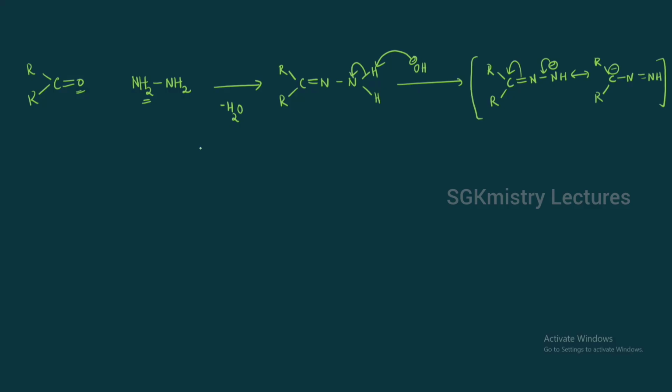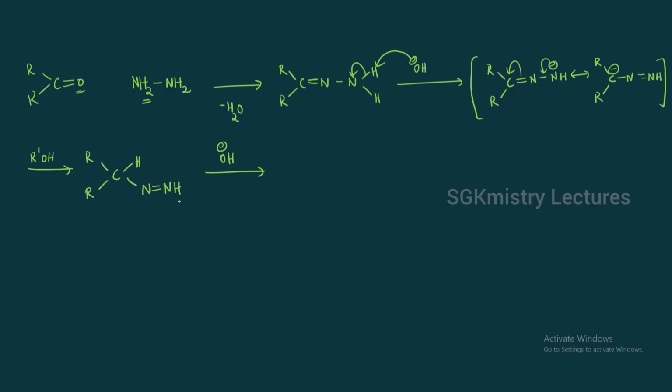So now this on treating with R dash OH, what is going to happen? So here R, R, then here you're going to get this H, along with that here N double bond NH, right? Because here there is the minus charge, it abstracts one of the hydrogens, right? So now again on treating with OH minus, what is going to happen?